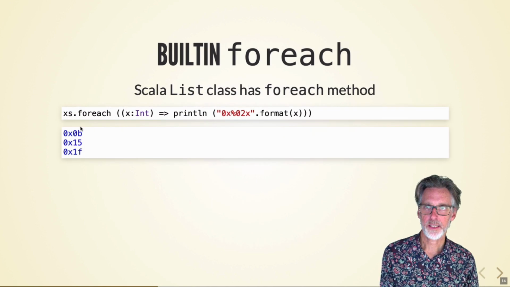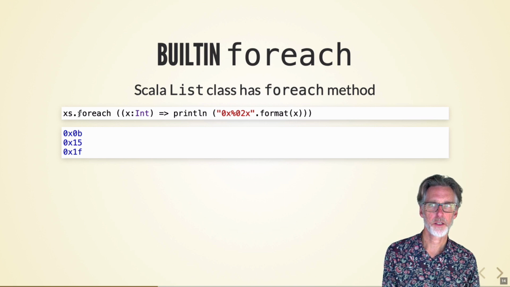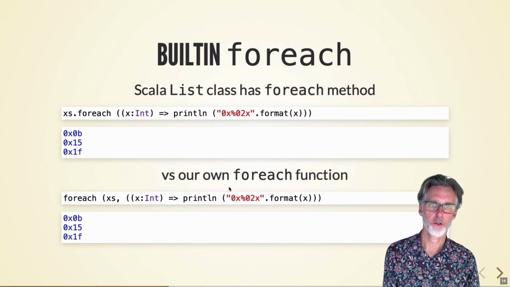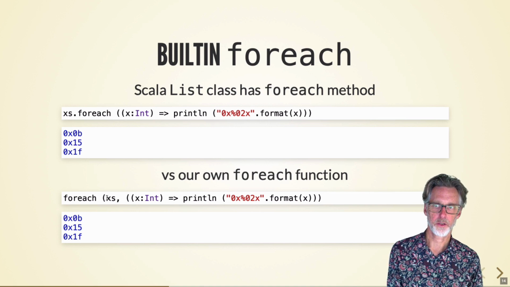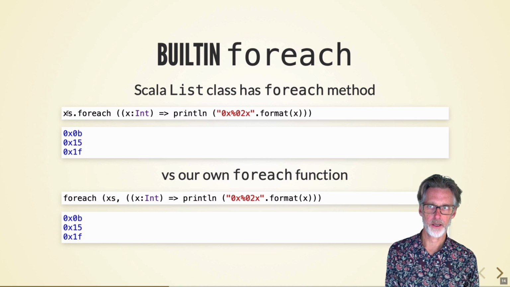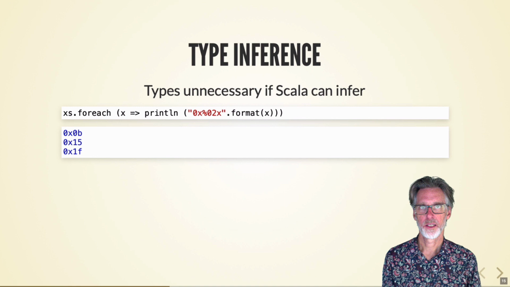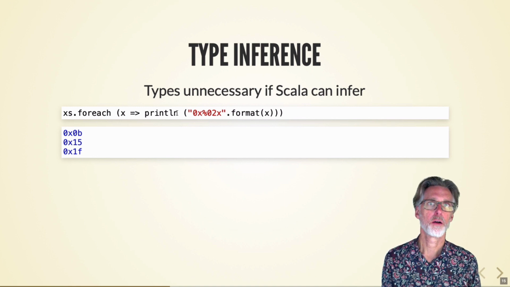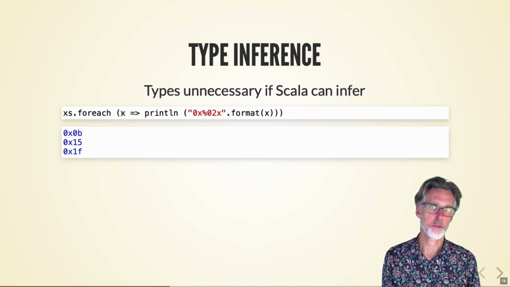Scala has a built-in FOREACH method, and it's a method of the list class. So you invoke it a little bit differently than you invoke our own FOREACH function that we just defined. So instead of passing the list as the first parameter, you use it on the left-hand side of the dot. Scala can often infer arguments for anonymous functions, and this is quite nice when it works.